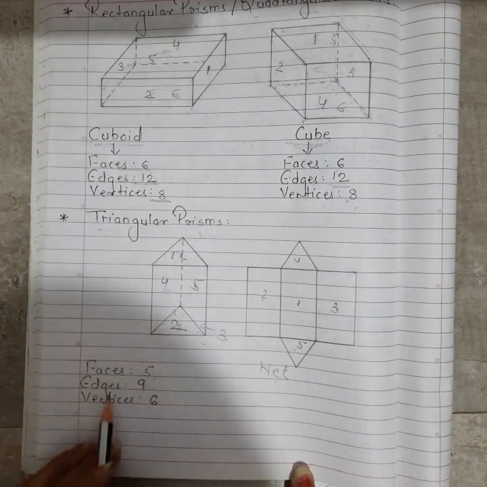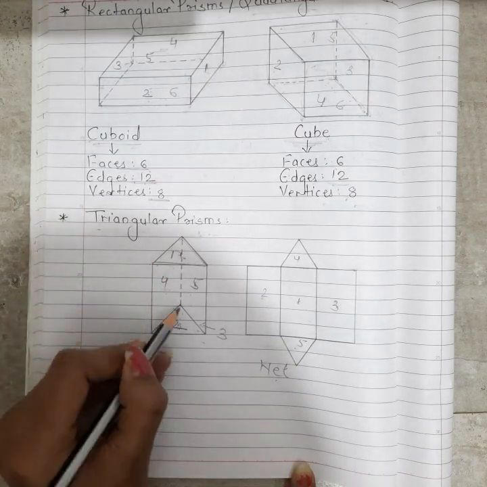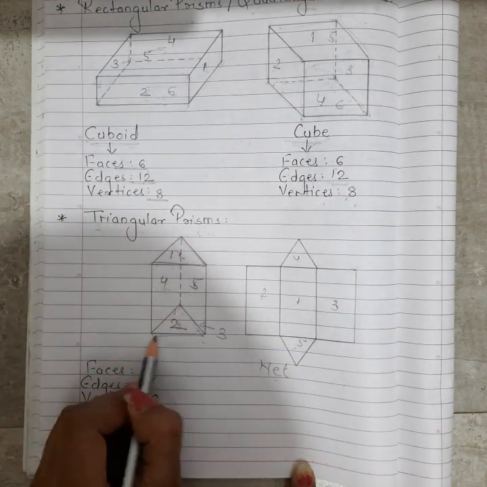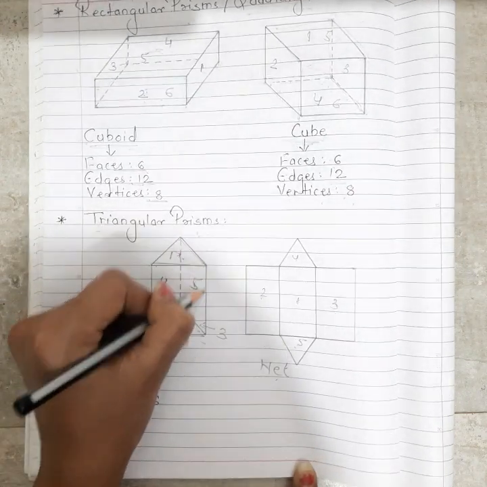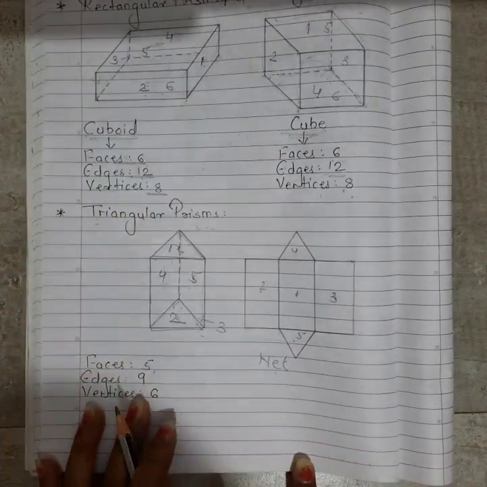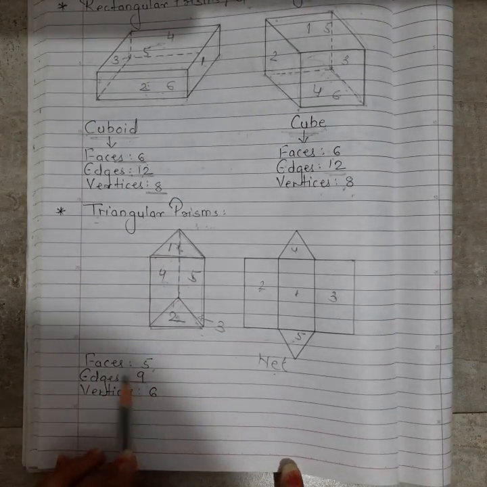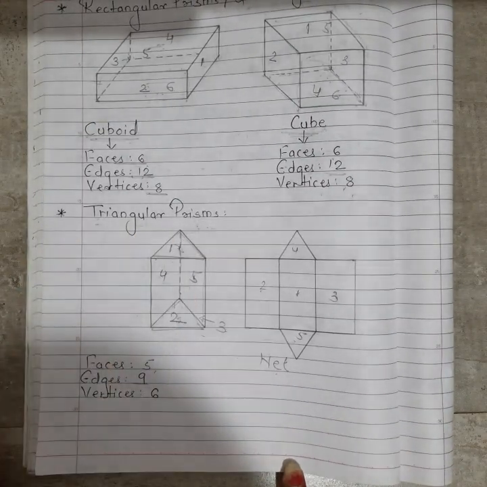Then let us count the edges: 1, 2, 3, 4, 5, 6, 7, 8 and this 9. So there are a total of 9 edges of a triangular prism.